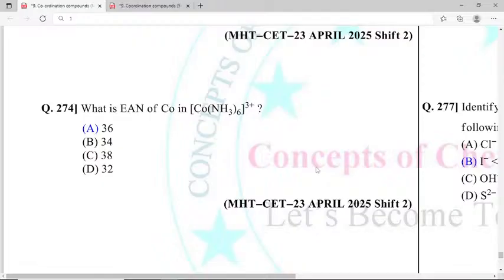What is the effective atomic number? So for cobalt, Z minus X plus Y. 27 minus oxidation state +3, plus 12. How much? 24 plus 12. So 36 is your answer.